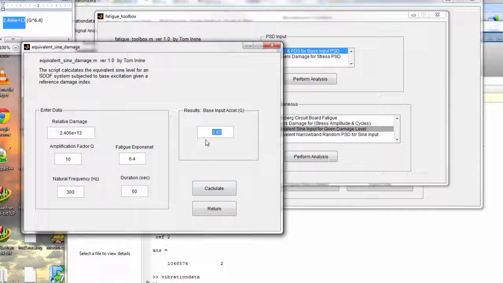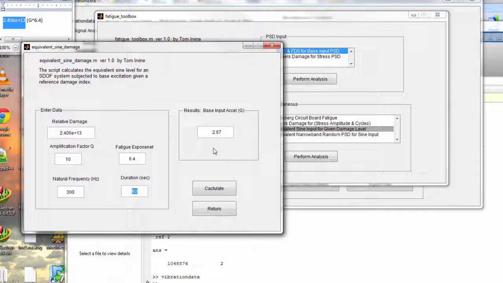So 300 hertz, 2.67 Gs is equivalent in the damage it will cause for a spring mass system with Q equal to 10, natural frequency of 300 hertz, fatigue exponent 6.4, and this duration. I say 60 seconds, but really this duration just has to equal whatever the PSD duration is.